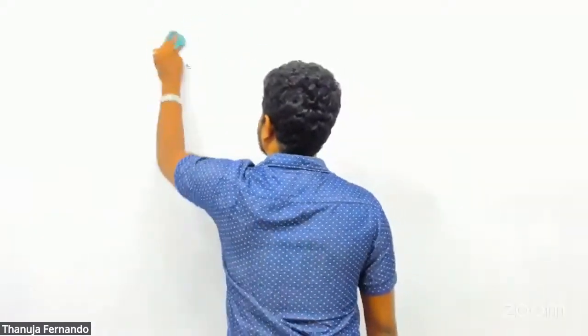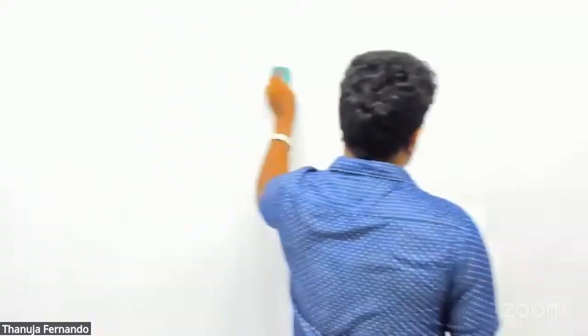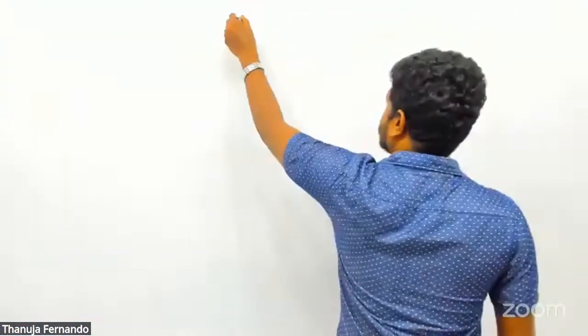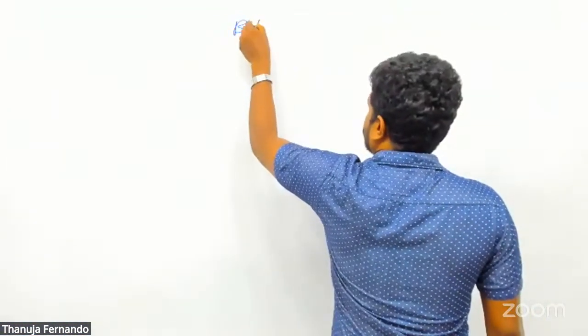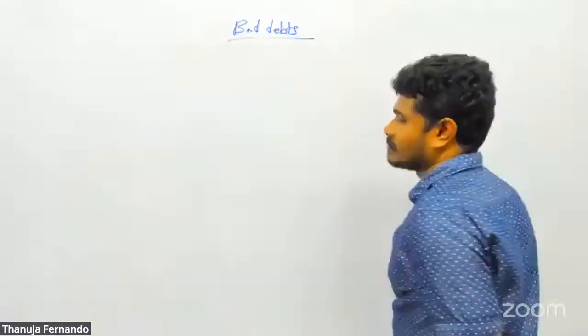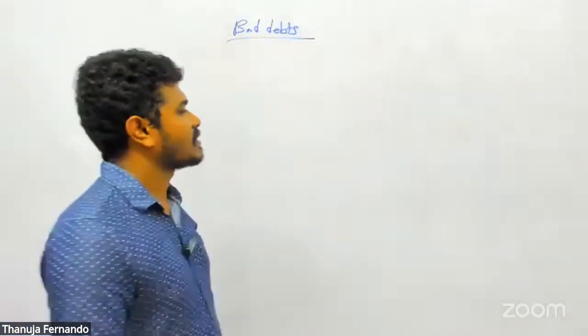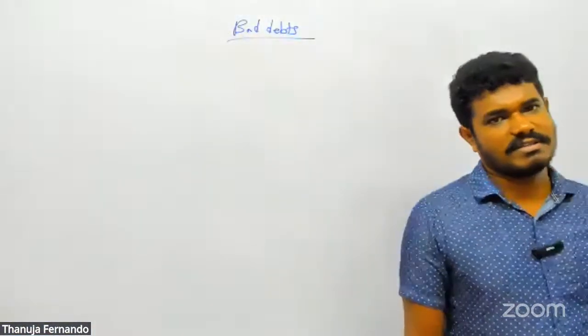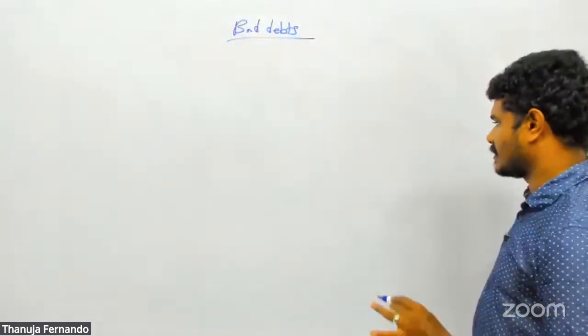Now we are unable to recover it, right? So I will give you an example under bad debts. There are 3 debtors of us.